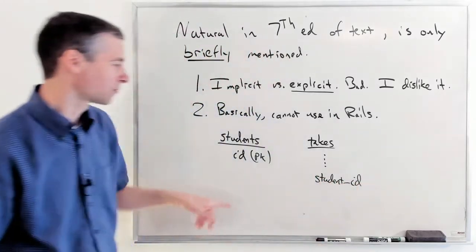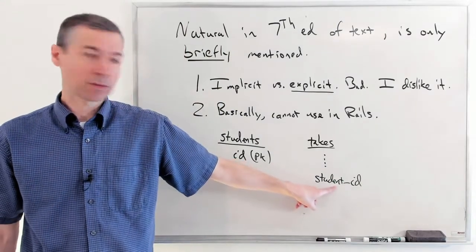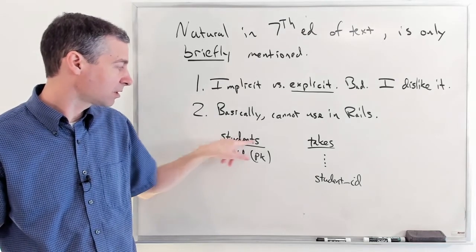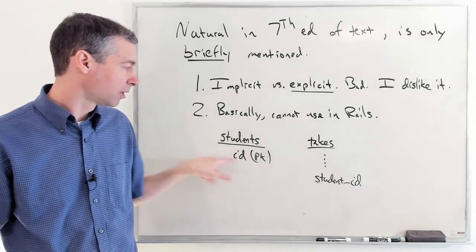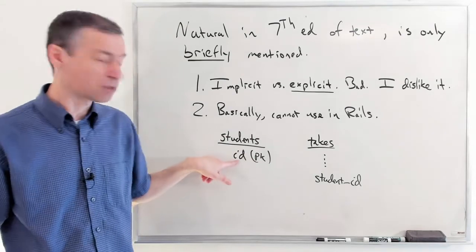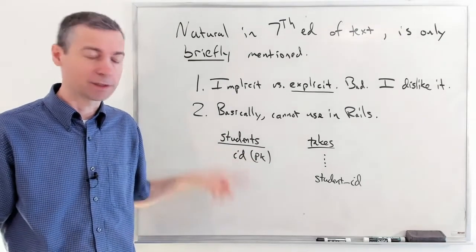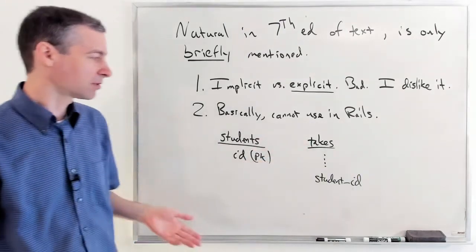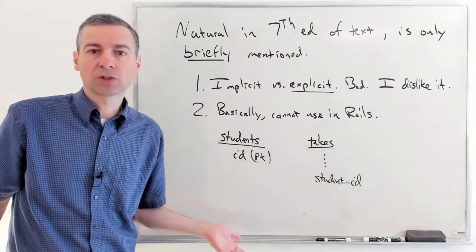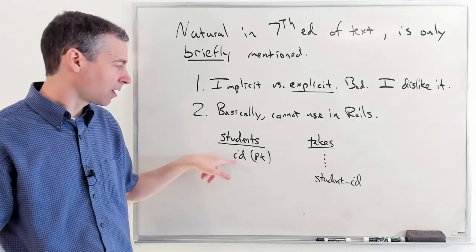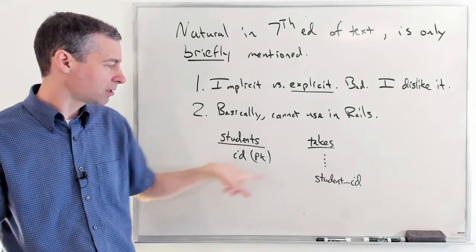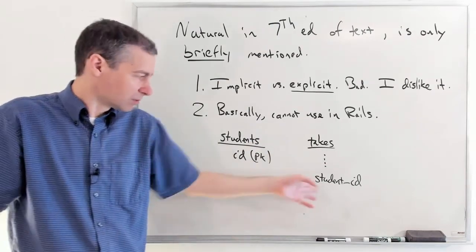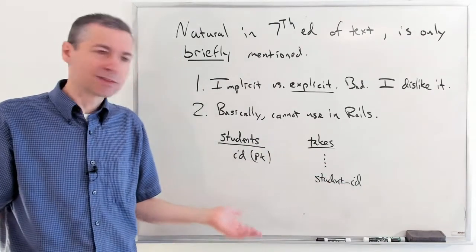So in Rails, when we've got a foreign key, we almost always name it in the singular of the original table _ID, where in the original table, the primary key was an ID. So when you want to join these two tables, you cannot do the natural join. You have to specify, I want to join them where students.id is equal to takes.student_id.